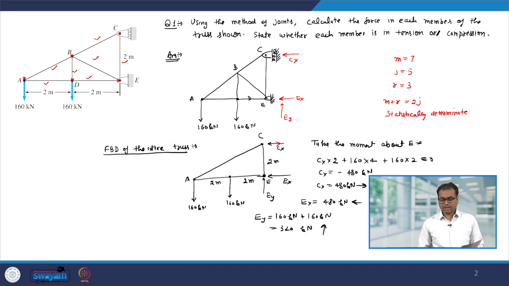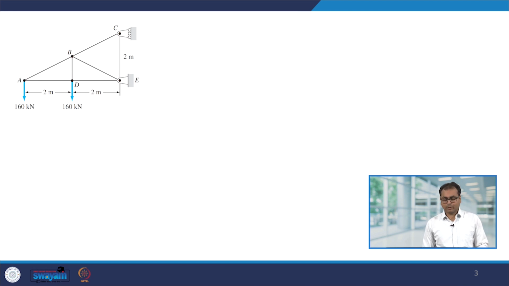Now, let us calculate the other internal forces joint by joint. So, let us first look at joint A, the free body diagram of joint A. At A you have a force of 160 kilonewton acting downward.